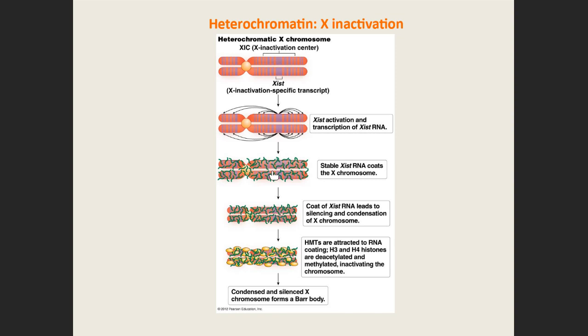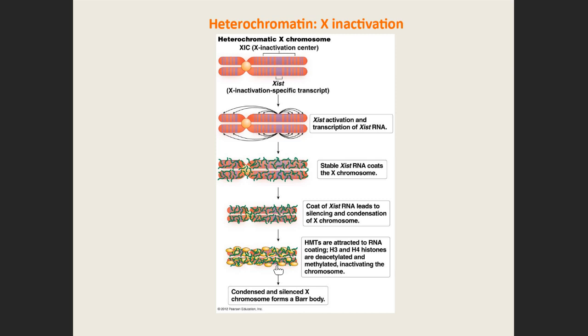And that chromosome essentially will acquire Xist RNAs along the chromosome arms, and this Xist RNA leads to silencing and condensation and heterochromatization of this X.